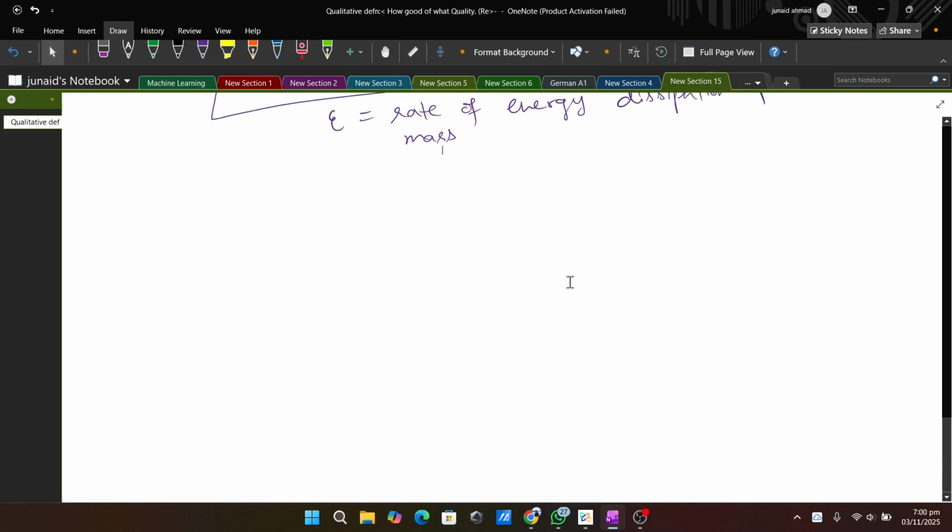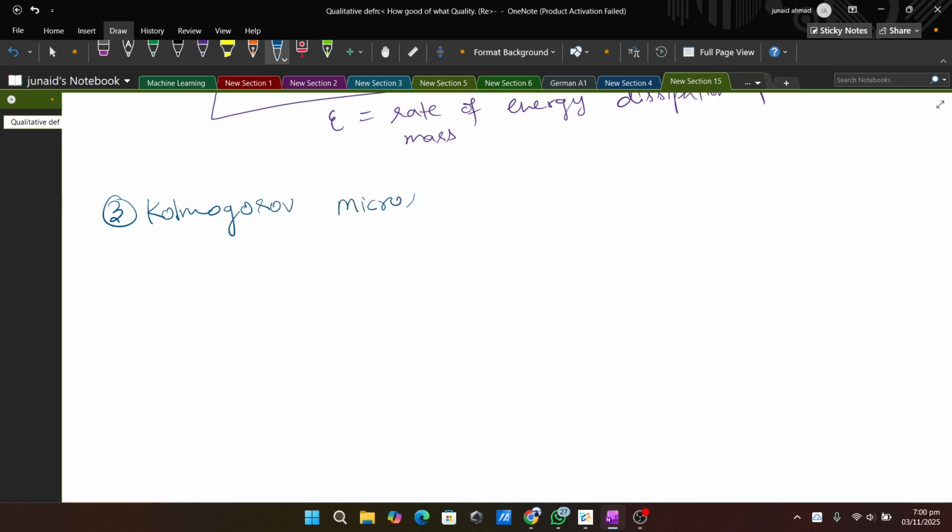And then we have another scale, which is known as the Kolmogorov microscale, represented with this sign.